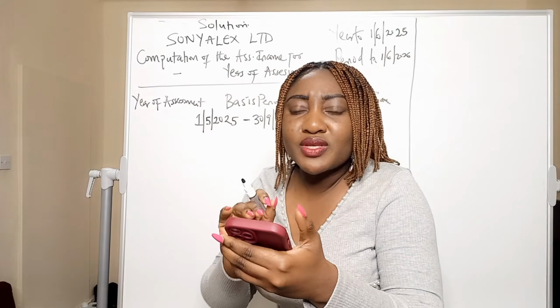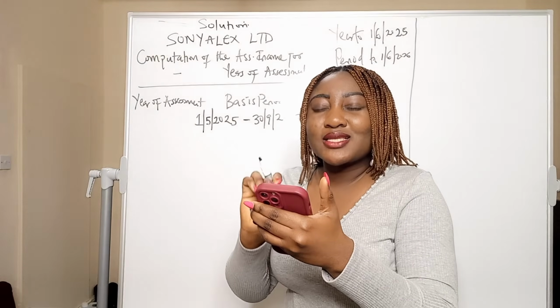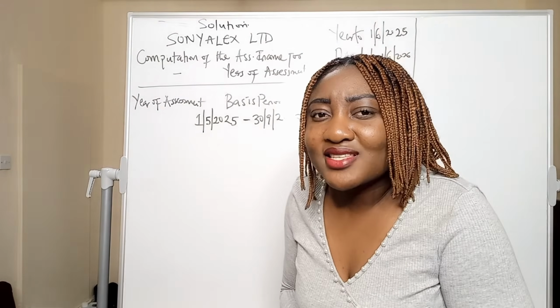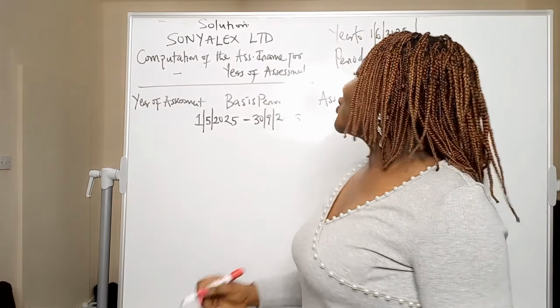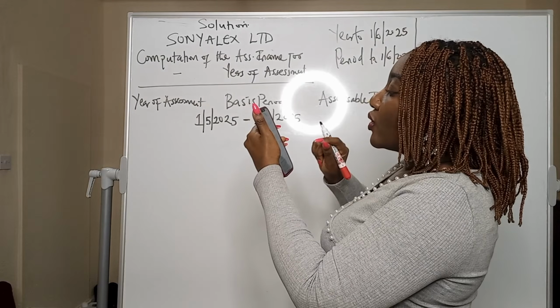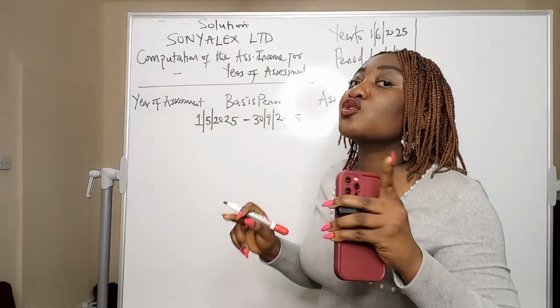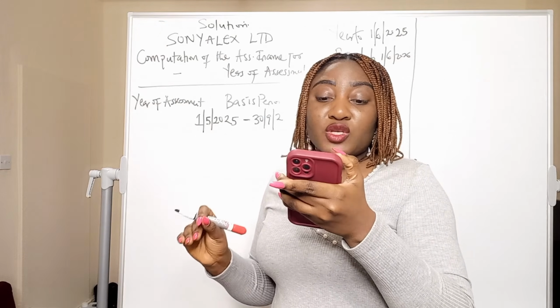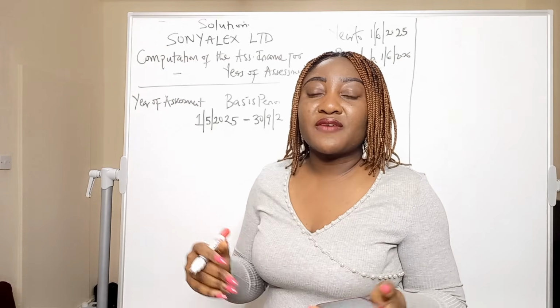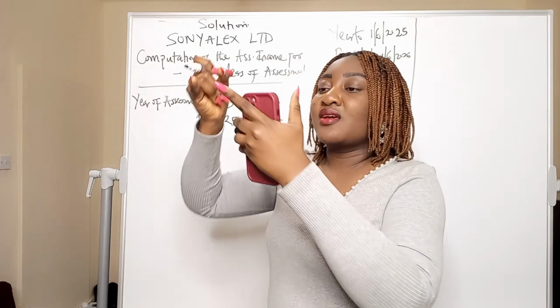So in this question, when we see period 2, 30th September 2025, when did it start? On the date of commencement, because when else was the business existing before? No. So it started on 1st of May 2025, and between 1st of May 2025 and 30th September 2025 is how many months? Count it with your hand.